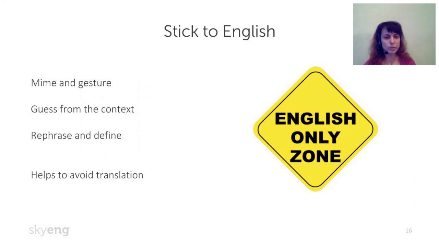I don't use L1 with beginners or elementary students, maybe just a little bit, and maybe if they are like 50 plus years old. Because, you know, it's difficult to teach an old dog new tricks. When can we use Russian or any other L1? For the sake of saving time.